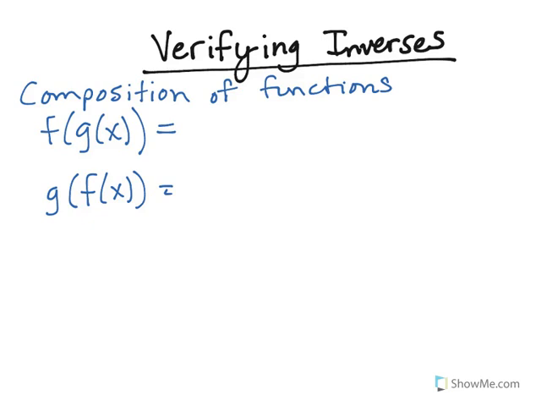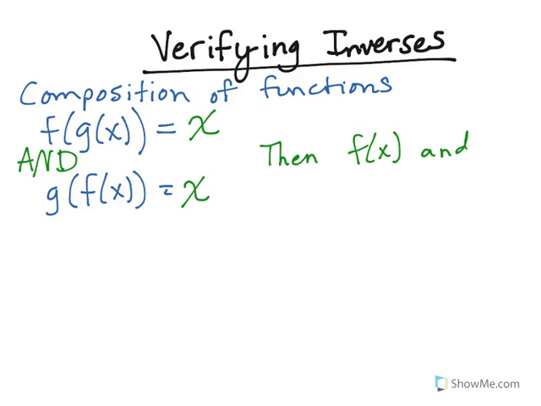If f of g of x equals x and g of f of x equals x, then f of x and g of x are inverses of each other. That's it. You just have to do the composition of both f of g of x and g of f of x, and they both have to equal x, nothing else.